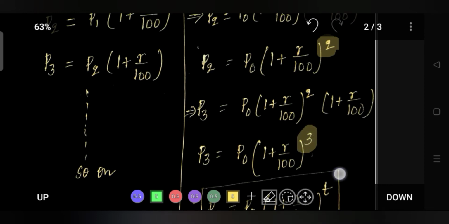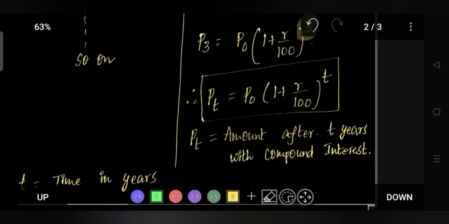So for t years, the interest will be compounded t times, that is why we are getting the power as t here. This is the formula for the compound interest, that means the formula for the amount when we calculate the interest in the compounded manner.